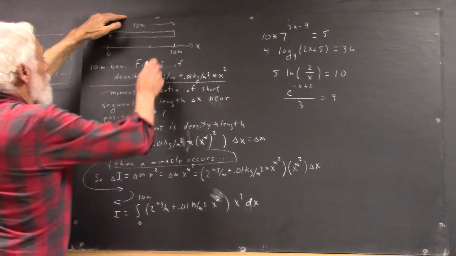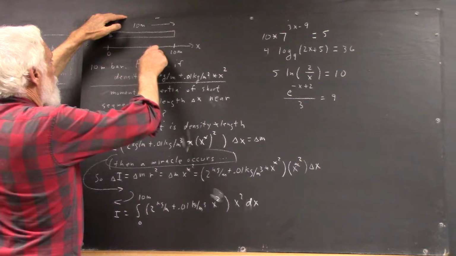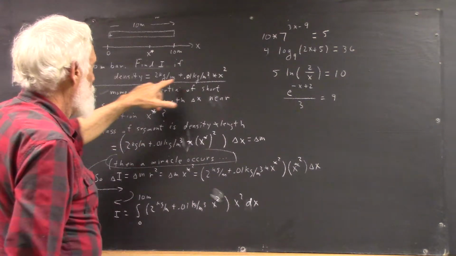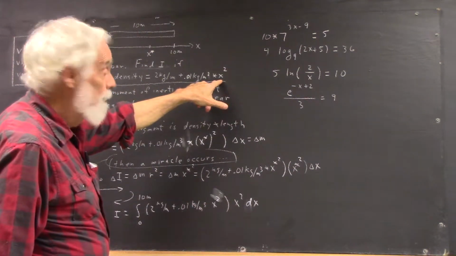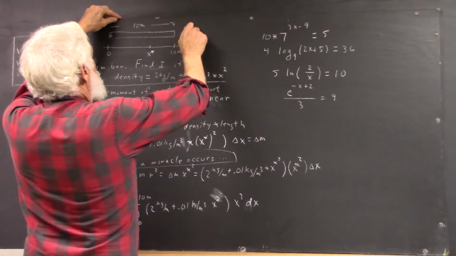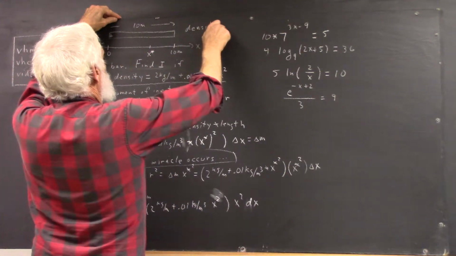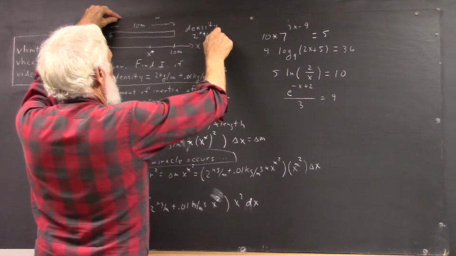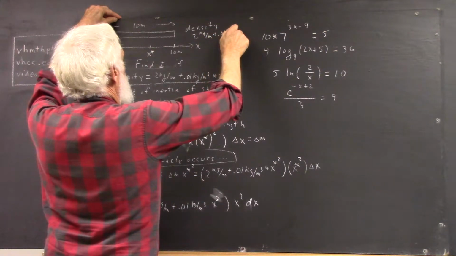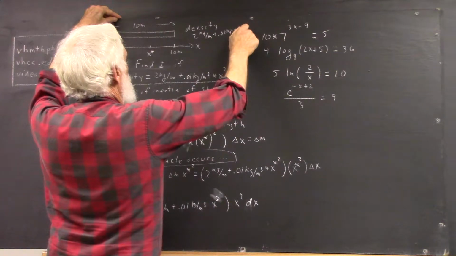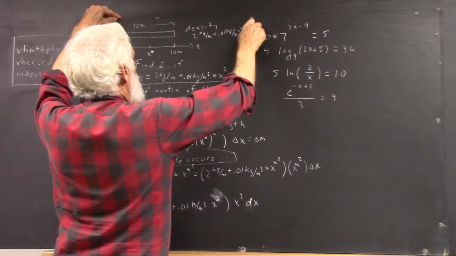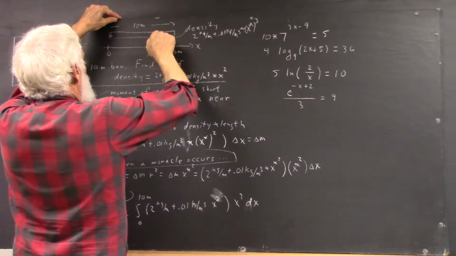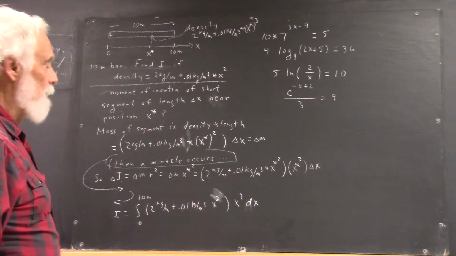Well, if this point is x star, then the density is what we get when we plug x star in for x: 2 kilograms per meter plus 0.01 kilogram per meter cubed times x star cubed. So that'll be the density here at position x star.